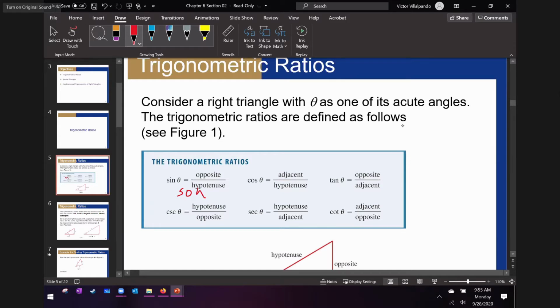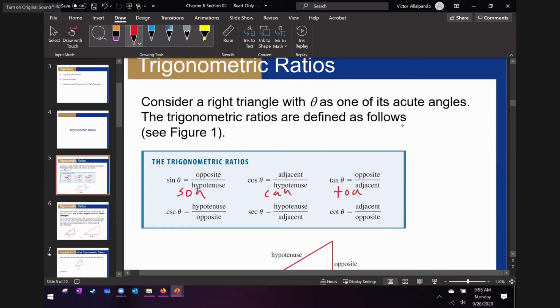Now we're considering cosine. That's going to be the ratio of adjacent versus hypotenuse, which is CAH. And then tangent is a ratio of opposite over adjacent, which is TOA. So SOHCAHTOA, maybe that's why I've said before, try to find something funny, cute to help you remember.